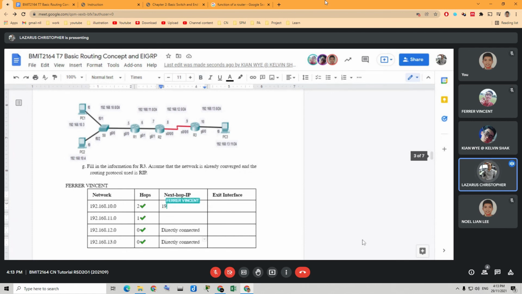So what is the exit? Okay, you do the next hop IP. So 10 means from R3, right? From R3 to go to 10, you have to go through R2, 192.168.12.8. You can see this one is .8.